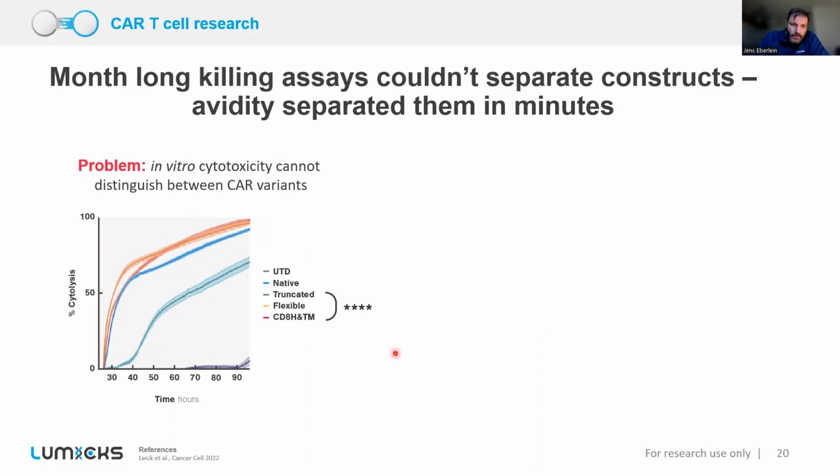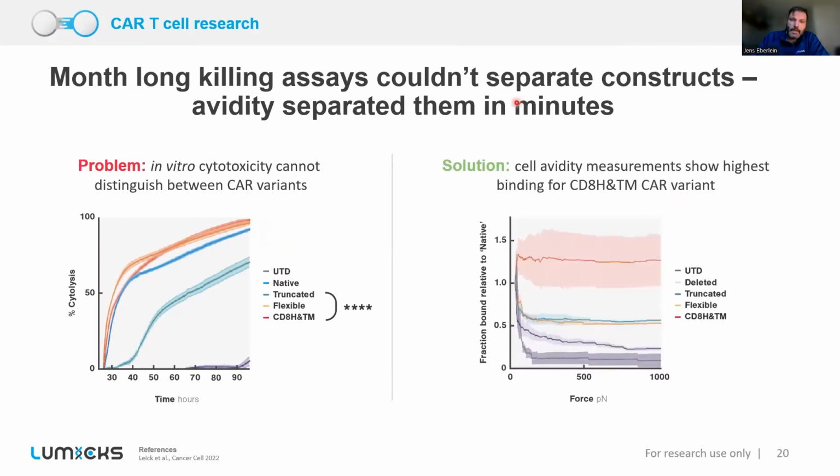On the contrary, if we run our assay and look at the relative avidity to native, meaning that here at 1.0 is the avidity curve of native divided by native, which gives you a 1.0, everything above 1.0 means that the avidity itself has increased compared to the original native CAR.